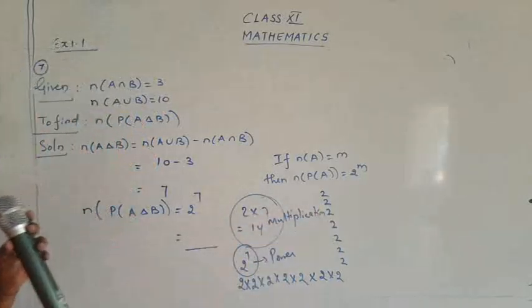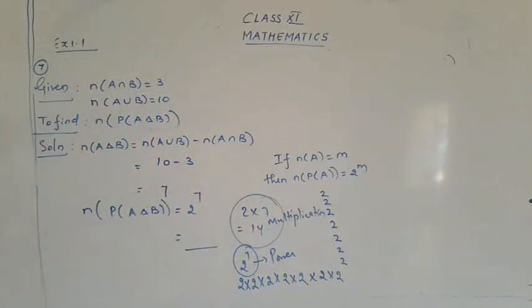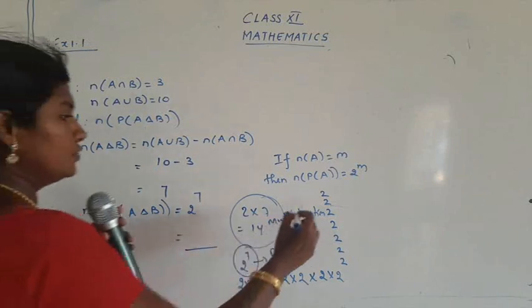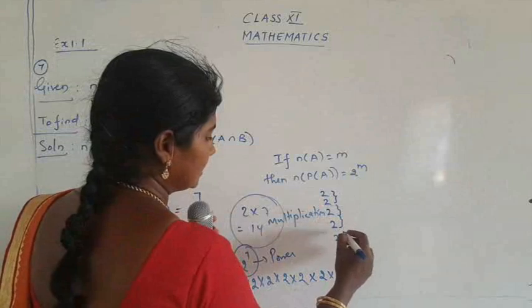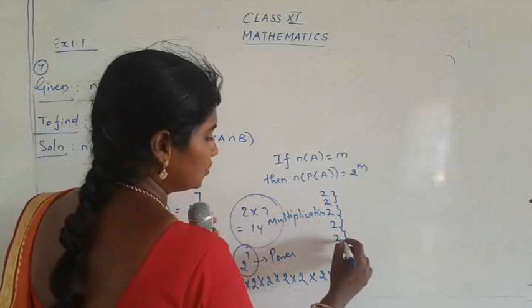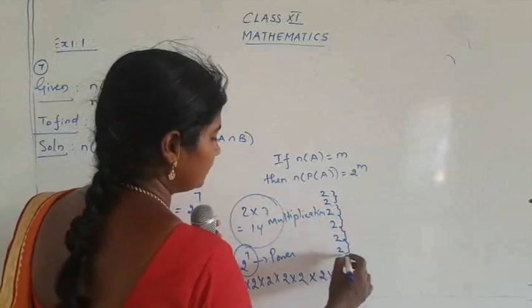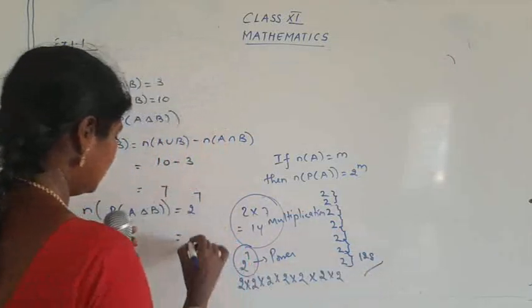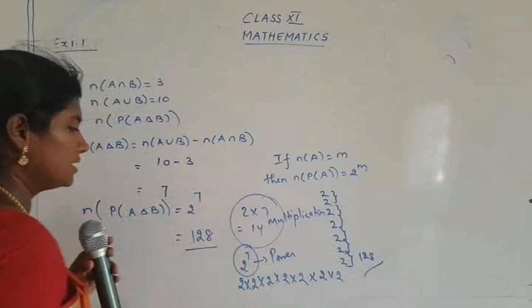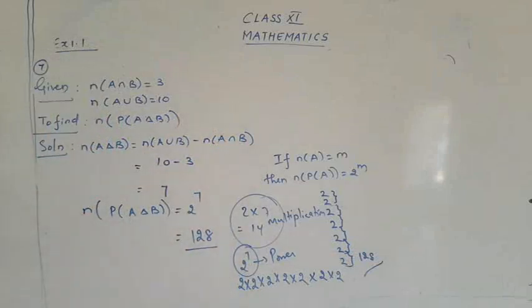So 2 power 7, what's the answer? 2 2s are 4, 4 2s are 8, 8 2s are 16, 16 2s are 32, 32 2s are 64, 64 2s are 128. So 2 raised to 7 is 128. So we have completed our sum number 7.